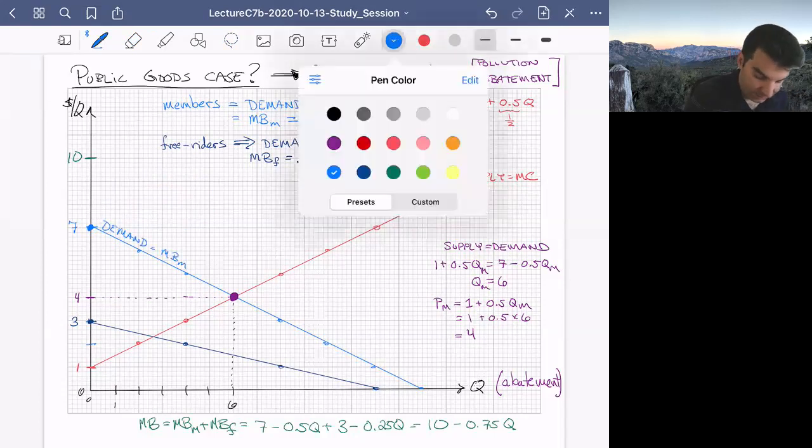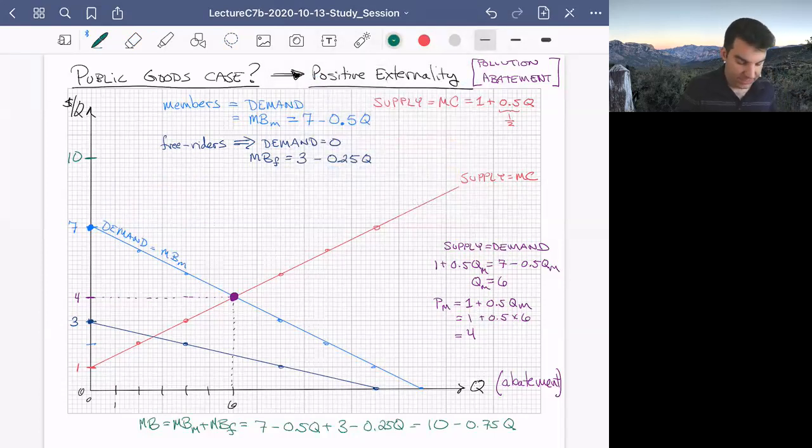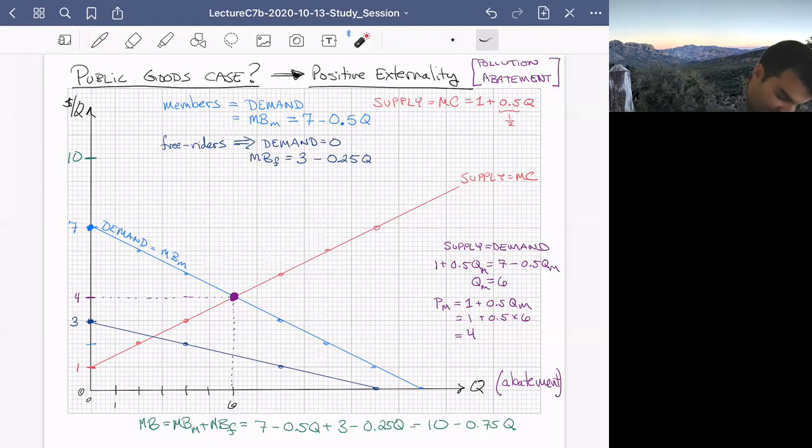Then if I go back and draw my total marginal benefit curve, which is above the demand, 10 minus 0.75 Q, this 0.75 means every time I run 4, I drop 3. So I'm going to put a point there, and keep doing that. I run 4, drop 3, that gives me here, run 4, drop 3, that's here. And then run 4, drop 3, and I hit here.